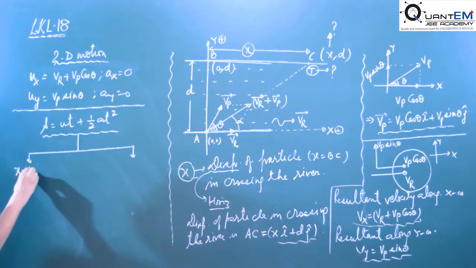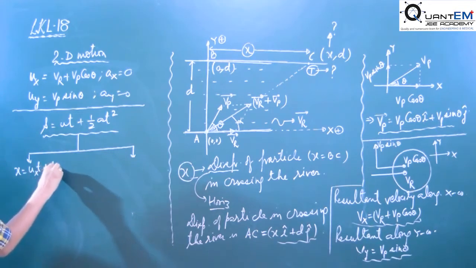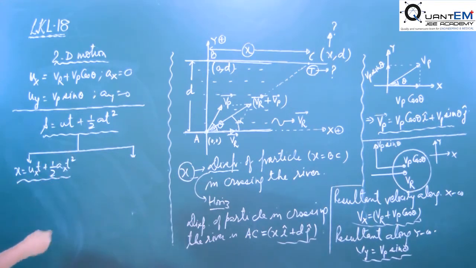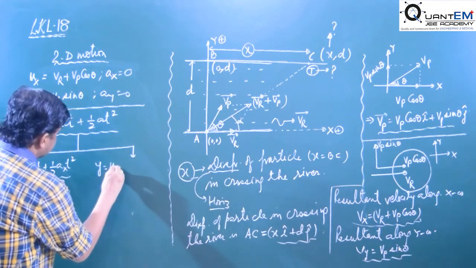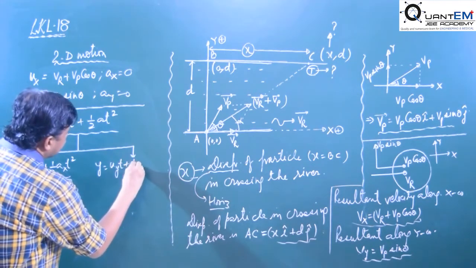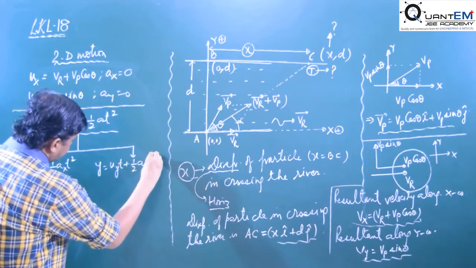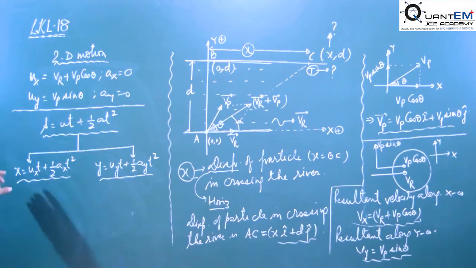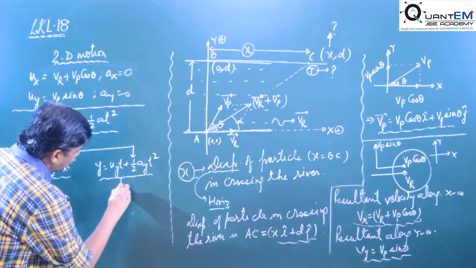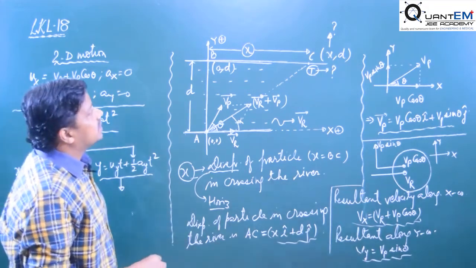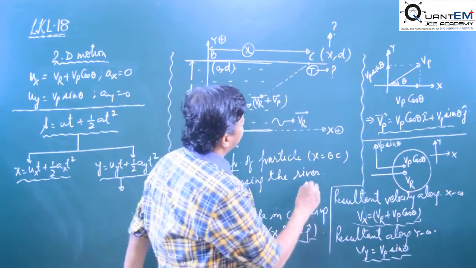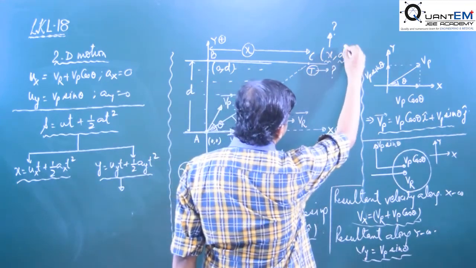Along x coordinate, the result is what? uxt plus half axt square, and along y coordinate the result we have uyt plus half ayt square. Okay. x we have to find, time is unknown here. Now say, what is the value of y? So after time t, the value of y we have what? d. The x coordinate is x and the y coordinate d is given.